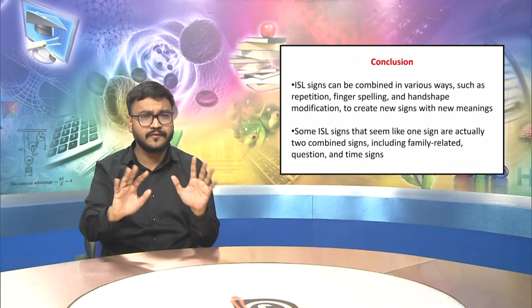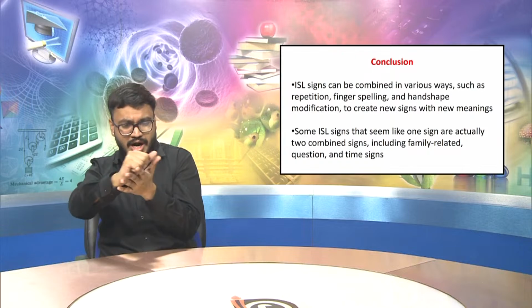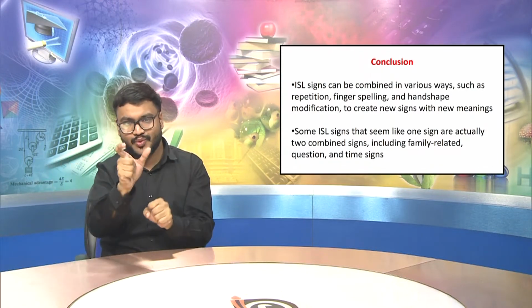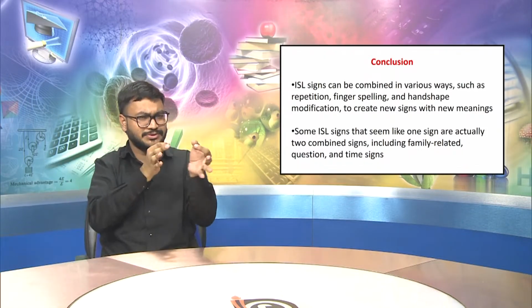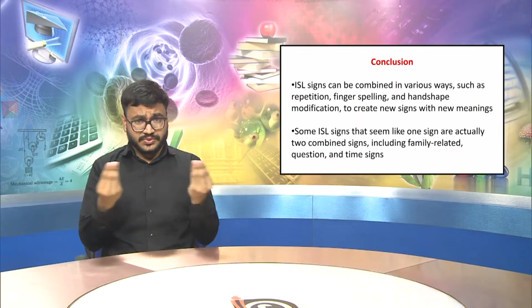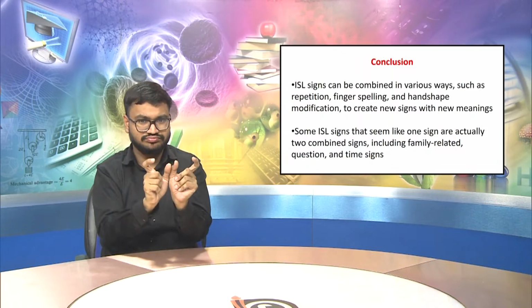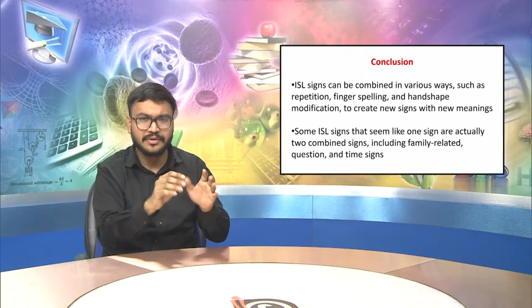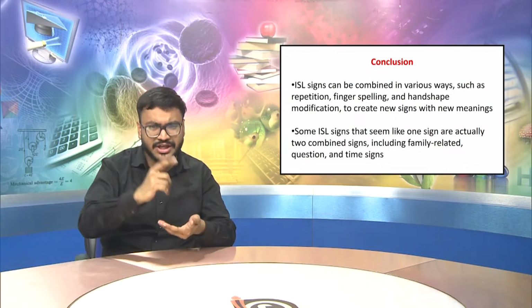ISL signs can be combined in various ways such as repetition, finger spelling and hand shape modification to create new signs with new meanings. Some ISL signs that seem like one sign are actually two combined signs, including family related, quotient and time signs.